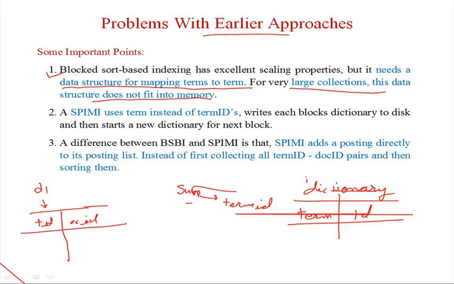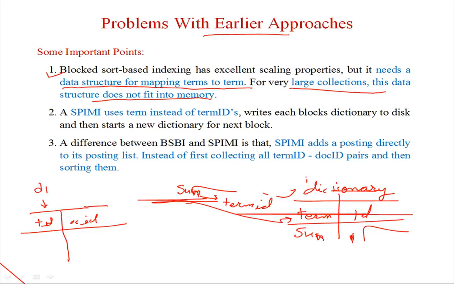For example, suppose a term like son occurs in a document, then we check whether the term son occurs in this dictionary or not. If it occurs, then we just assign its term ID for son. If it doesn't occur in the dictionary, then we put son here and assign some term ID, and we will continue this process.